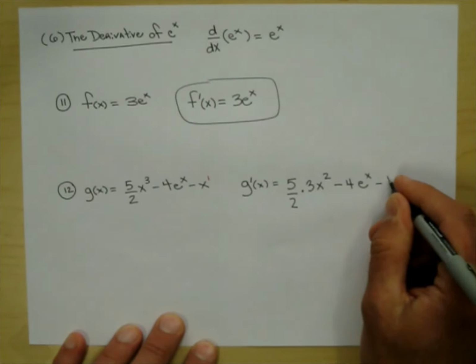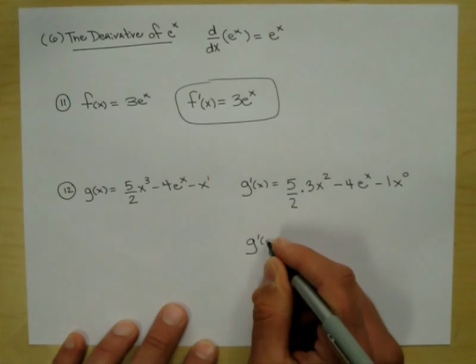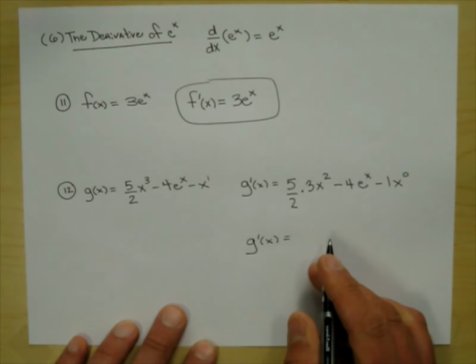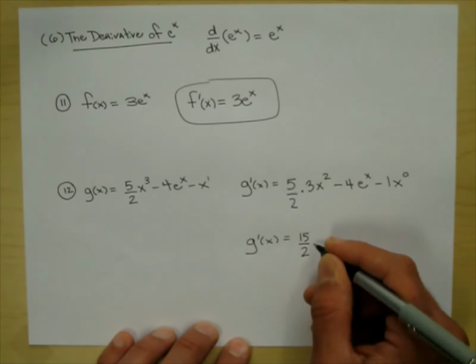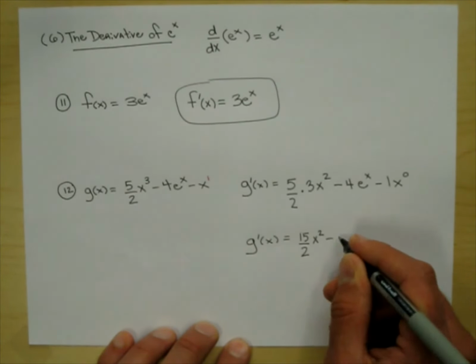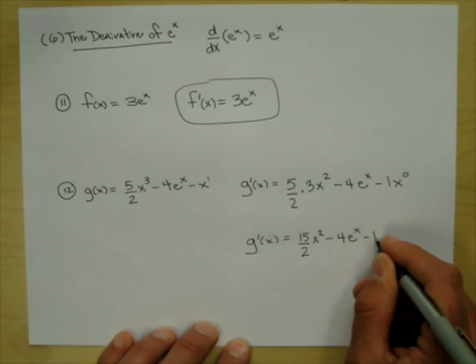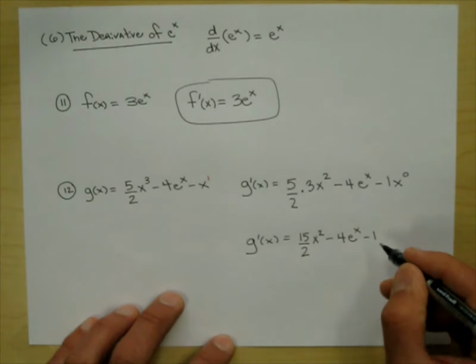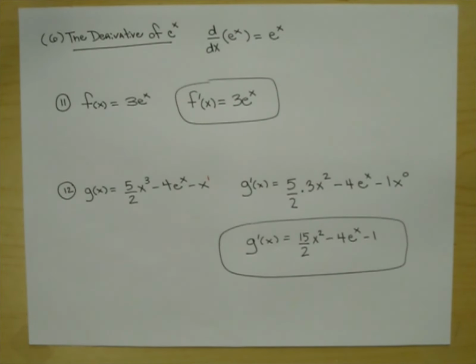So we have minus 1x to the 0. So the derivative of that happens to be 15 halves x squared minus 4e to the x minus 1, because x to the 0 is 1. Here's your derivative. That's what we learn in 3.3.